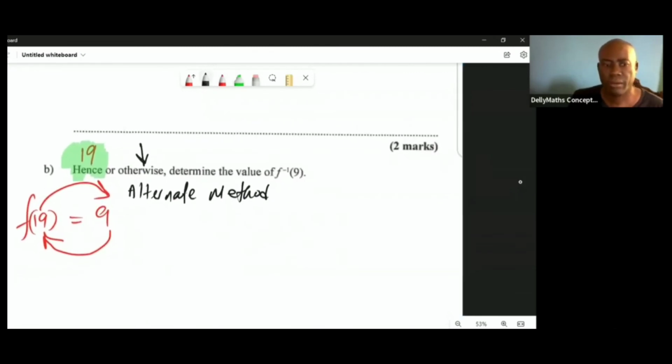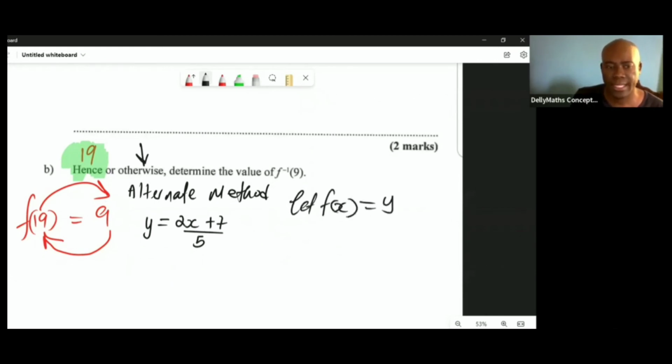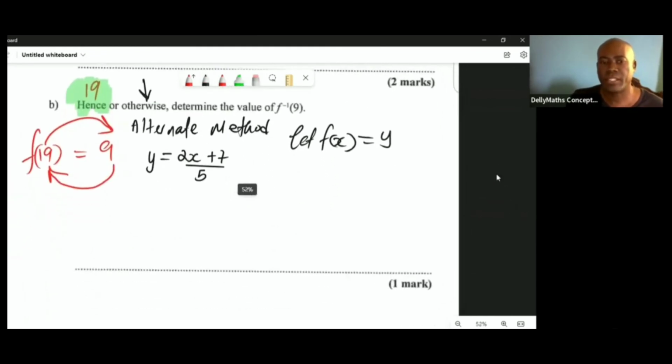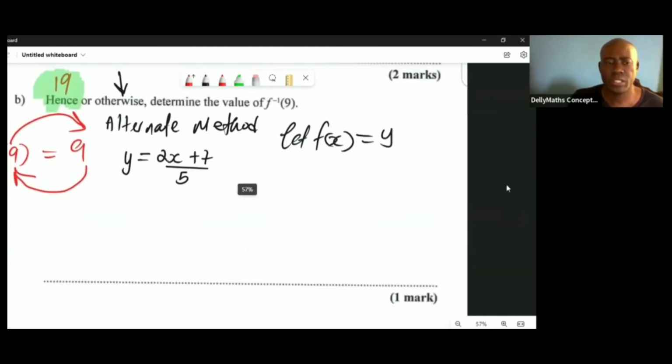So let us start. I'll start by saying y is equal to, so f of x is equal to, I'm saying y to start. So y is equal to 2x plus 7 over 5. All right, that's me letting f of x equal to y, such that I write it like that. Whenever we're doing an inverse, we're going to switch x and y.